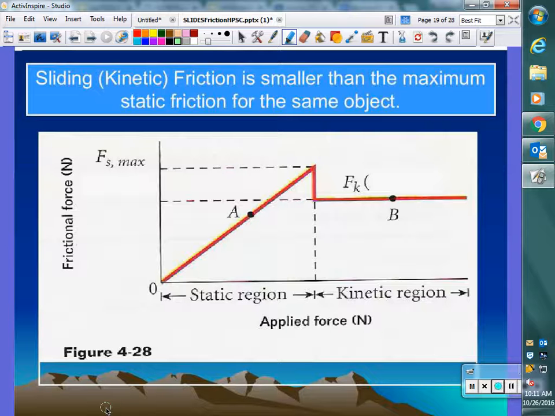If I take this book and push it across the table, I overcome its maximum static friction and it goes to kinetic friction. That kinetic friction is smaller than, like, the kinetic friction on a car or something like that. So keep in mind that that statement is true if we're talking about the same surface and the same object.